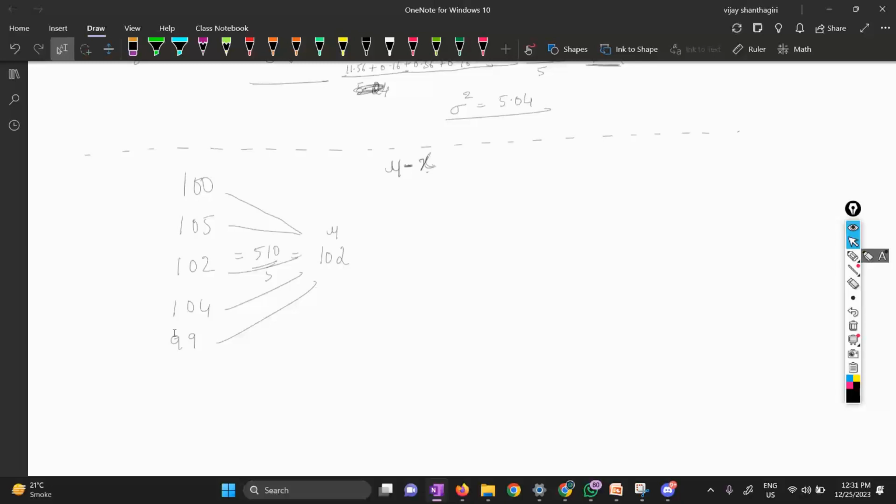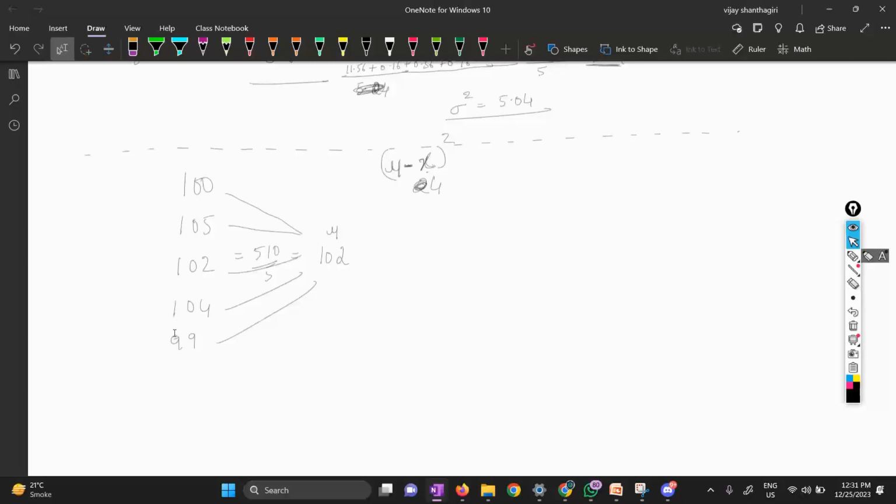What is this? 102 minus 102 is 0. Then x square, sir. Fine. You square and tell me. So this will be 4. 4. Okay. Next.